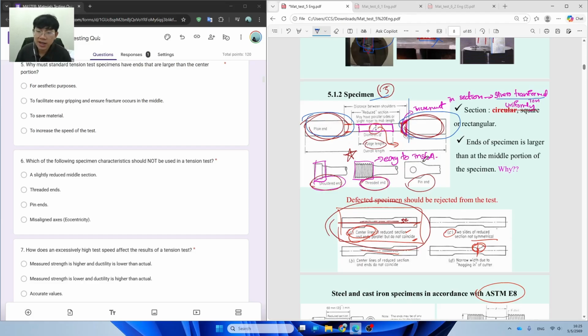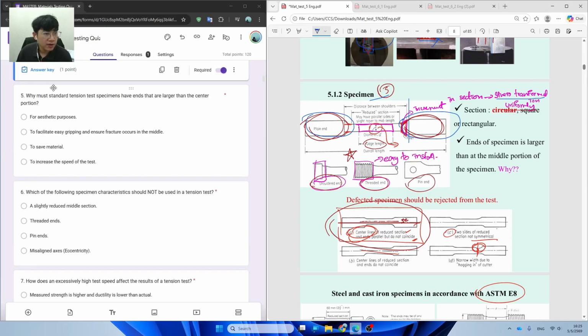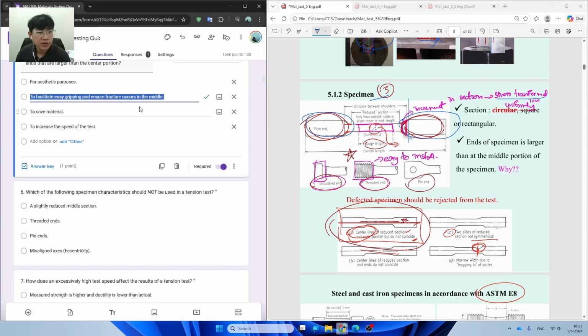And we have many types of ends, such as the shoulder end, threaded end, and pin end. If we answer question 5, why must the tension test specimen have ends larger than the center portion? The answer is supposed to be the second one, right? Which is failure occurring in the middle. Okay, we would like the sample to fail at the middle.